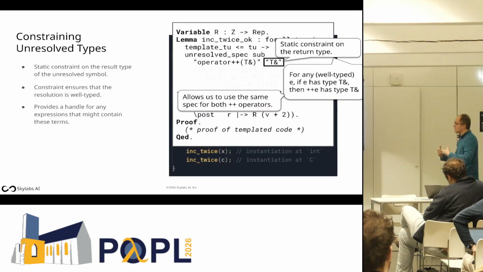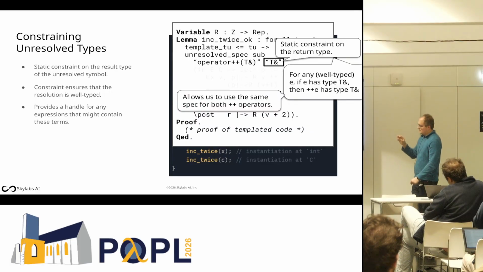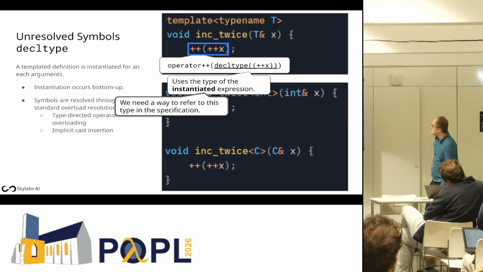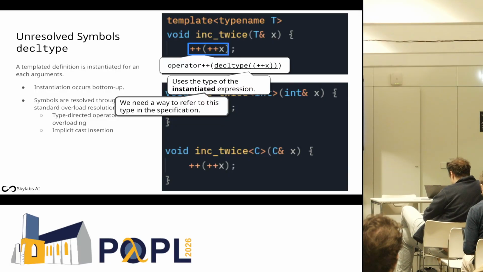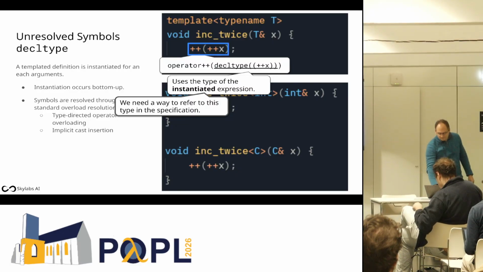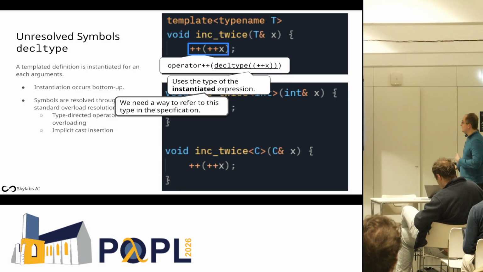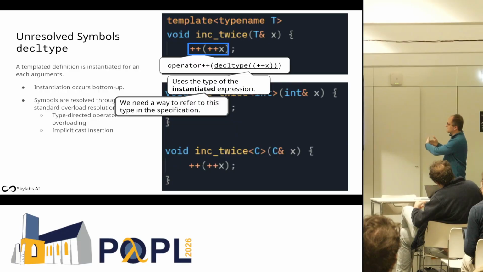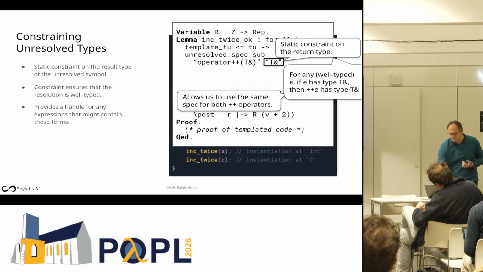They're both going to be resolved in the same way, because the value of x here is t ampersand, and that constraint that I just showed you is saying that the type of this plus plus x is also t ampersand. If I couldn't do this, I'd have to give you a specification for not only operator plus plus applied to t ampersand, but also operator plus plus applied to the declared type of plus plus x, which would be kind of annoying.